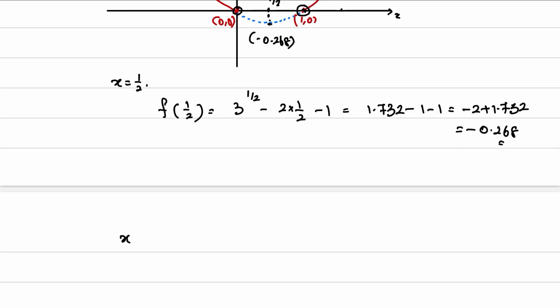x is equal to 3 by 4, let us take. Function f(3 by 4) is, this is how we have to find out the behavior. 3 to the power of 3 by 4 minus 2 into 3 by 4 minus 1. 3 to the power of 3 by 4 is the 4th root of 3 cubed.